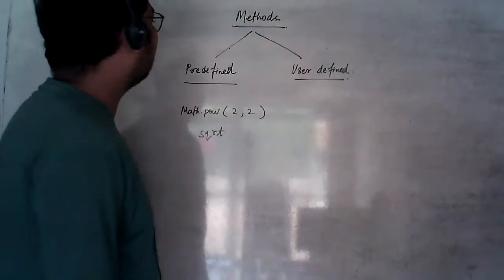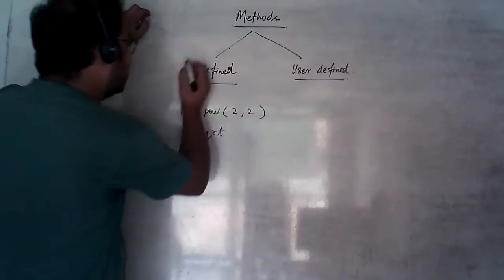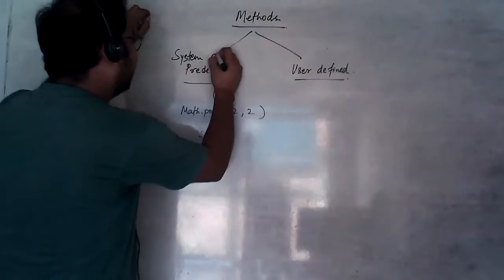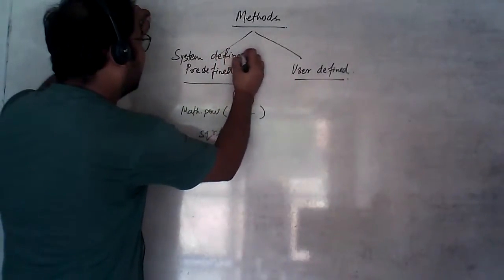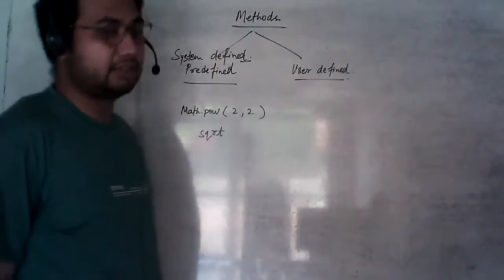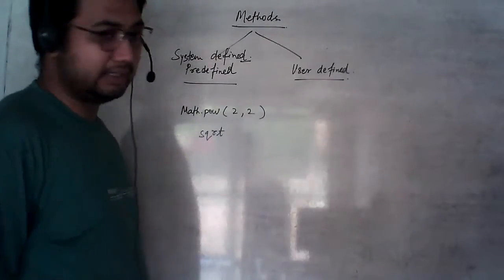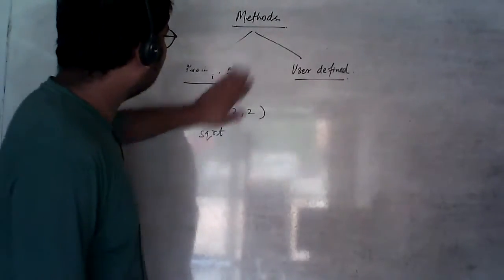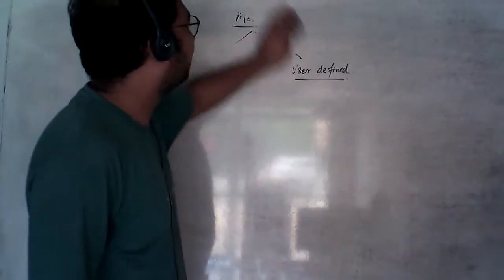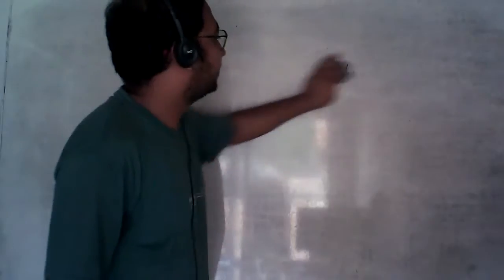Predefined functions are also known as system defined functions. Now the user defined functions we will learn in this video. In this class I will tell you how to declare your own function, how to make your own function.